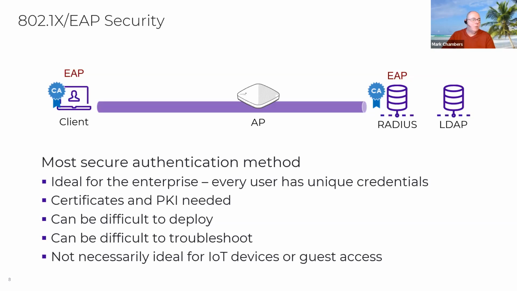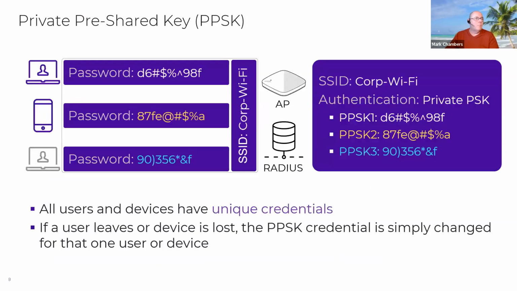It can be difficult to deploy and troubleshoot. Also, if you're dealing with things like guest access, you don't want to put those in your Active Directory. And IoT devices, how do you manage those? You could do MAC authentication against Active Directory or against RADIUS, but it gets complicated actually managing those individual devices.